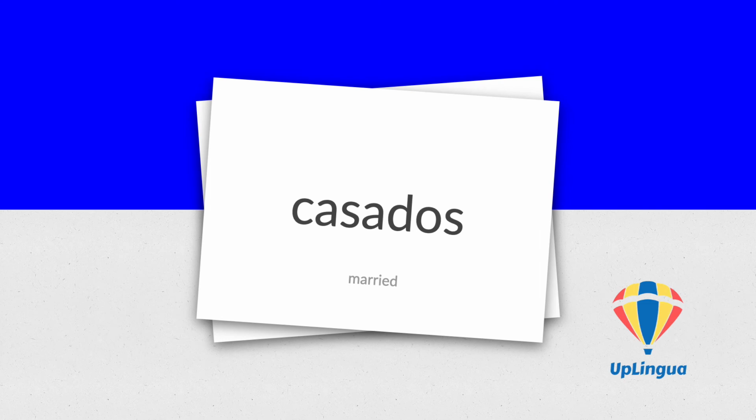The SA, as a result of the S being an S, becomes casa, and most people are familiar with that word as well, casa, which means home. Dos is technically two, so what you're looking at is the combination of two different words, casa, house, and dos, which is two, which means two in a house. And that translates to being married. Married is casados. Let's try pronouncing that after me one time. Casados.